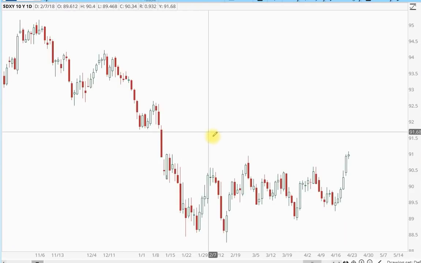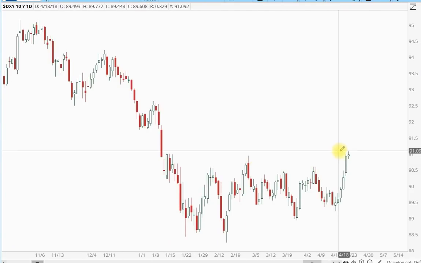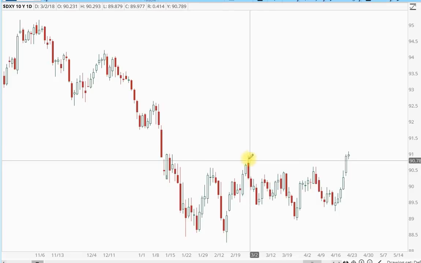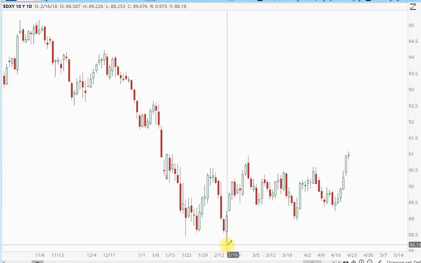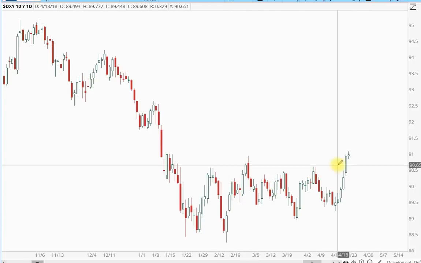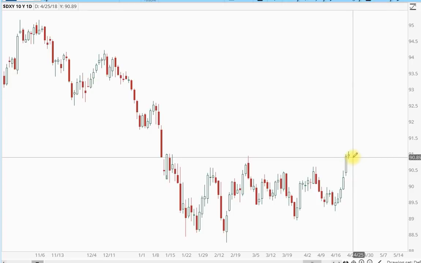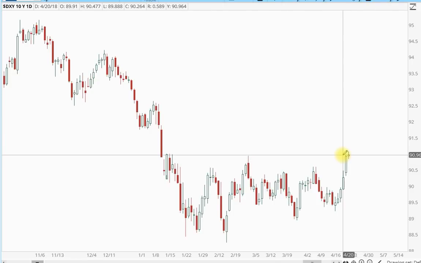So here's the dollar chart. We did make a higher high actually yesterday, and we're continuing today. So this is our intermediate cycle low. I think we're about 10 weeks into this intermediate advance. It's been very weak. We haven't been able to get much traction.